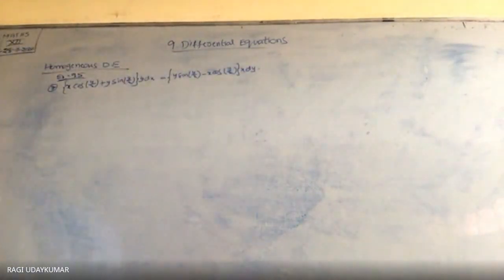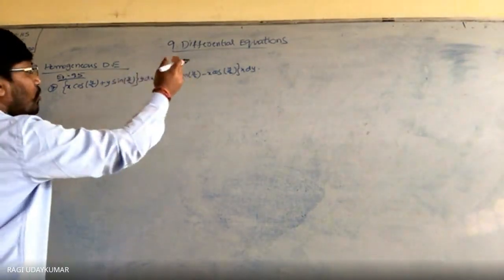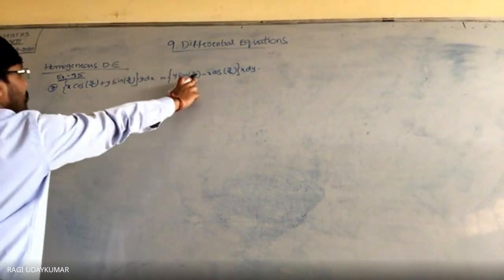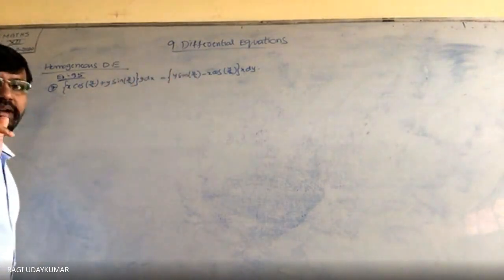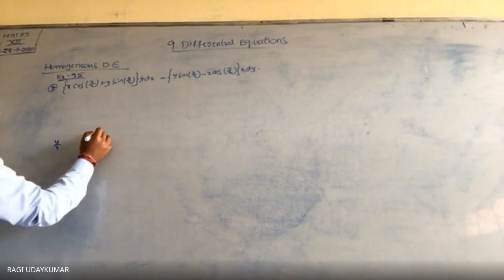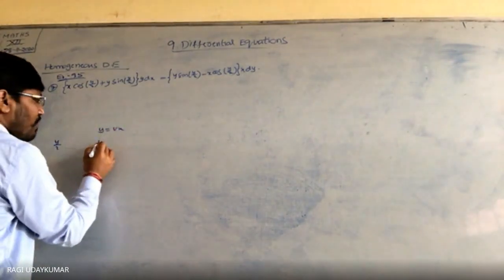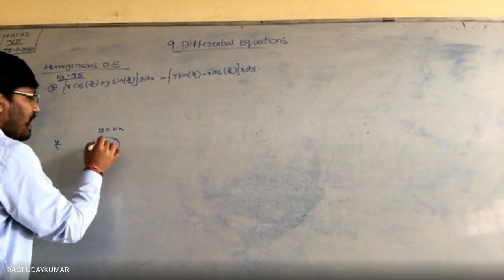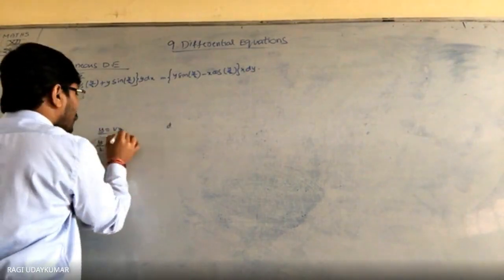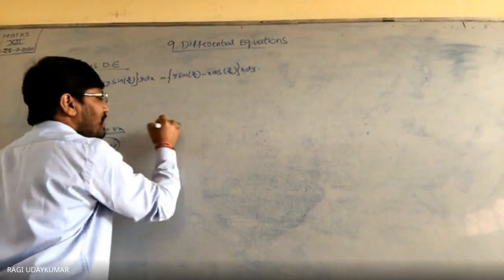First, write this in the form of dy by dx. Because you have y by x, do remember that in any function if you have y by x, we need to substitute y is equal to vx, so y by x is equal to v. There you need to have dy by dx.